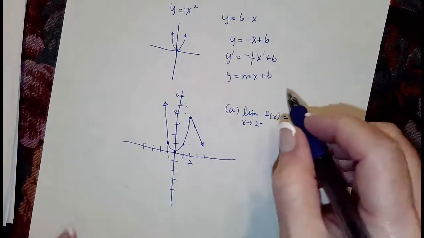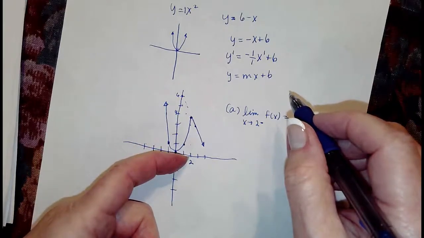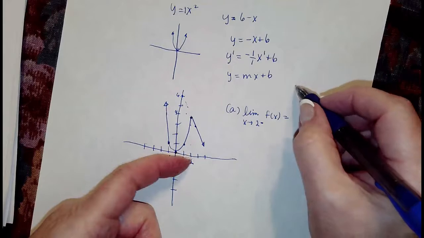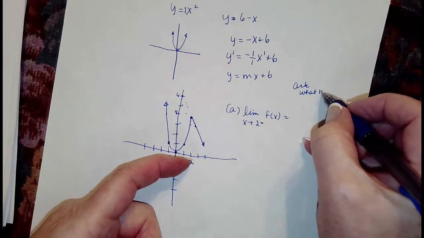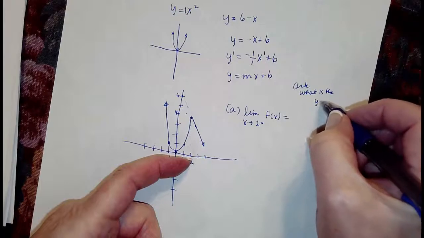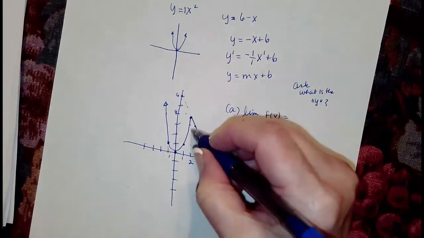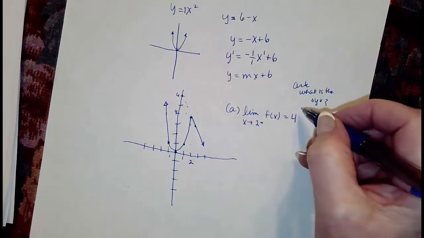We're approaching from the left side, going this way, this way, this way. Now we see 2. Ask yourself, what is the y? At 2, what's my y? 4. So my answer is going to be 4.